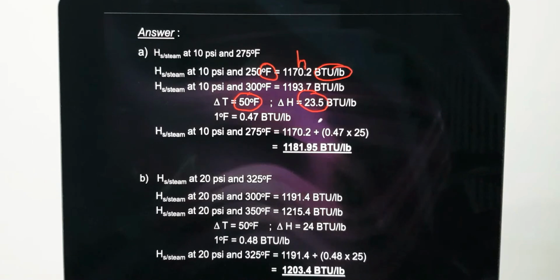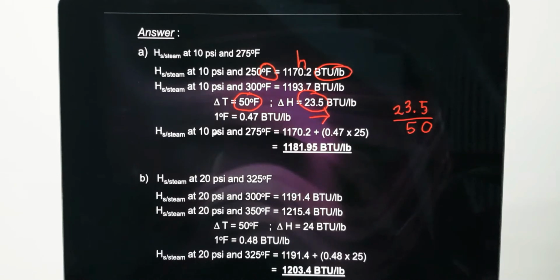You calculate this by simply using 23.5 BTU per pound divided by 50. So you should be able to get 0.47 BTU per pound.